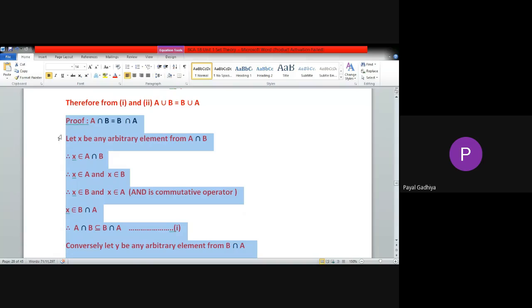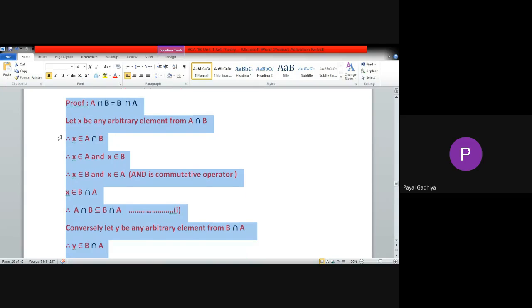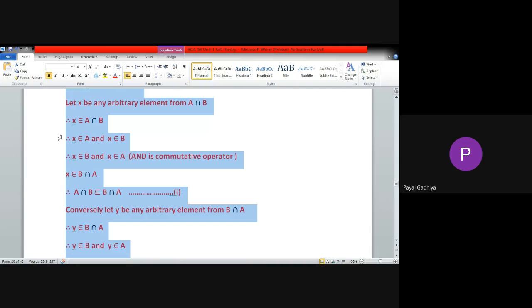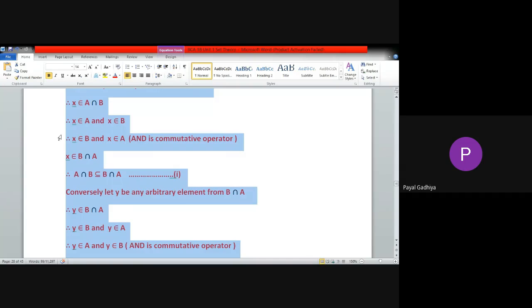Conversely, Y is any arbitrary element in B intersection A. Then Y belongs to B and Y belongs to A, and so Y belongs to A and Y belongs to B, because and is a commutative operator.